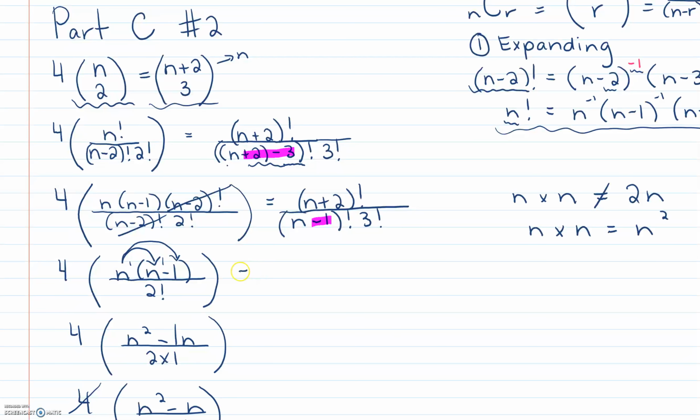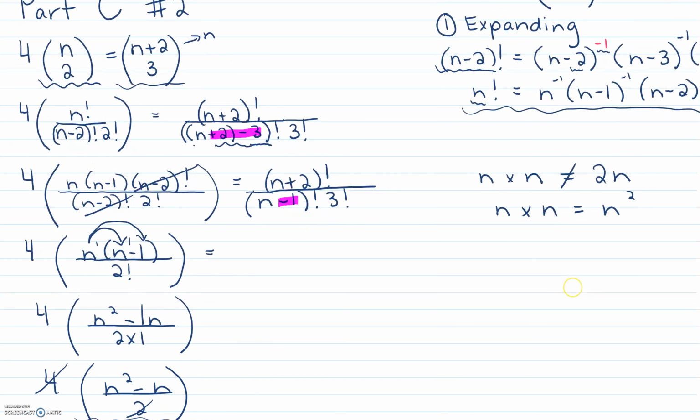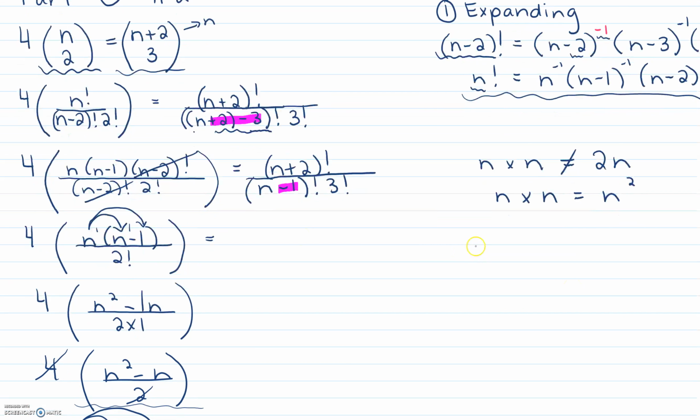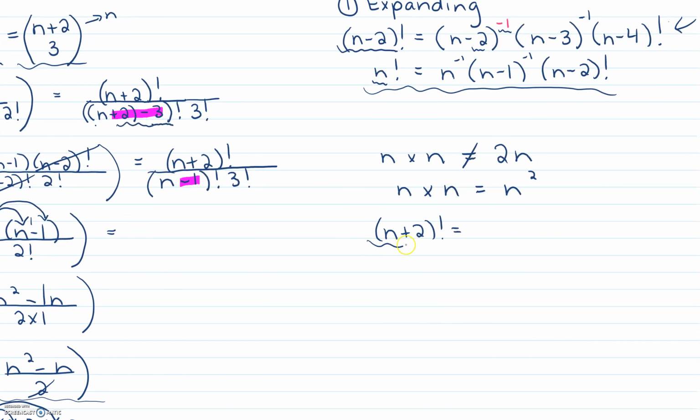All right, so now we have to decide if we're going to expand n plus 2 factorial or n minus 1 factorial. Remember that you can always try this out on the side. So if I expand n plus 2 factorial first, since it's at the top, I'll just give it a try. Remember, I keep the same term, keep it in a bracket because it's a binomial, and then do minus 1.